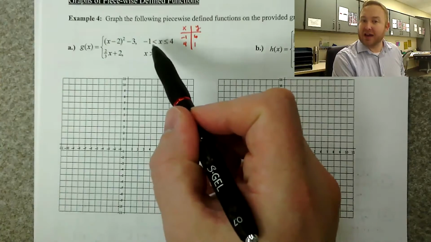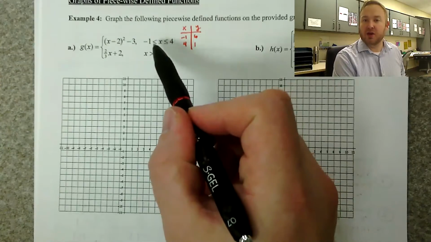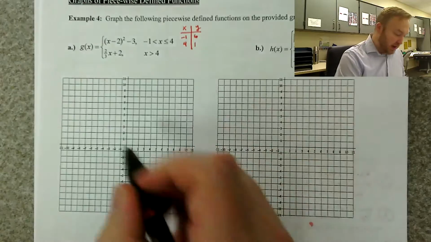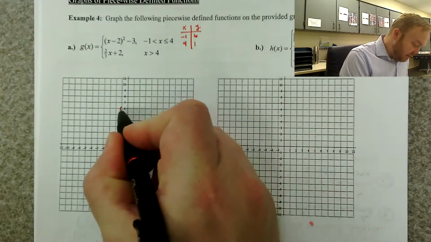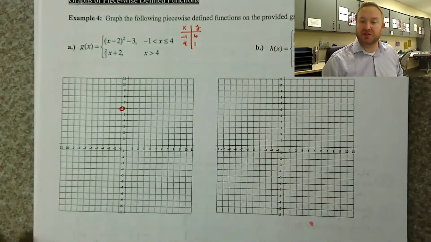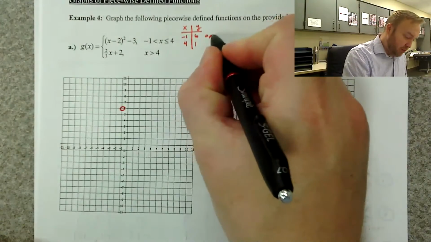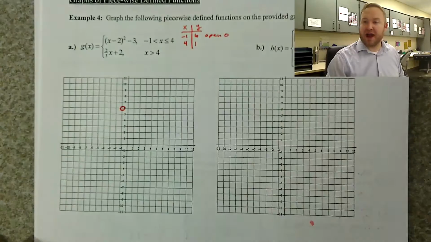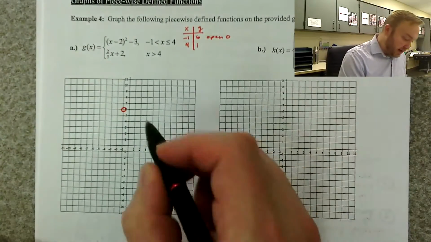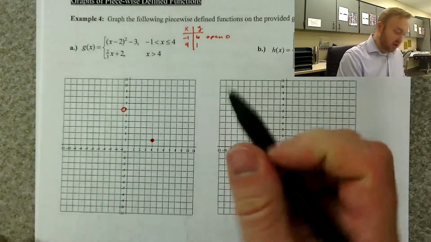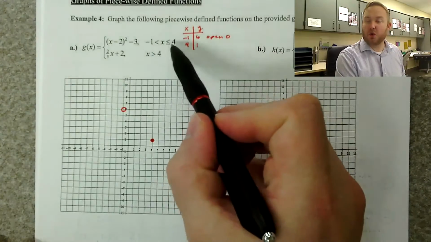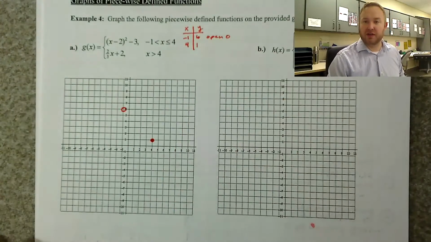Meaning we don't want to have a point whose x coordinate is -1. And the way I'm going to represent that on the graph is I'm going to put an open circle there at -1, 6. So this gets an open circle on the graph. Whereas the 4, 1, I'm going to put a closed circle because the 4 actually is included in that domain.